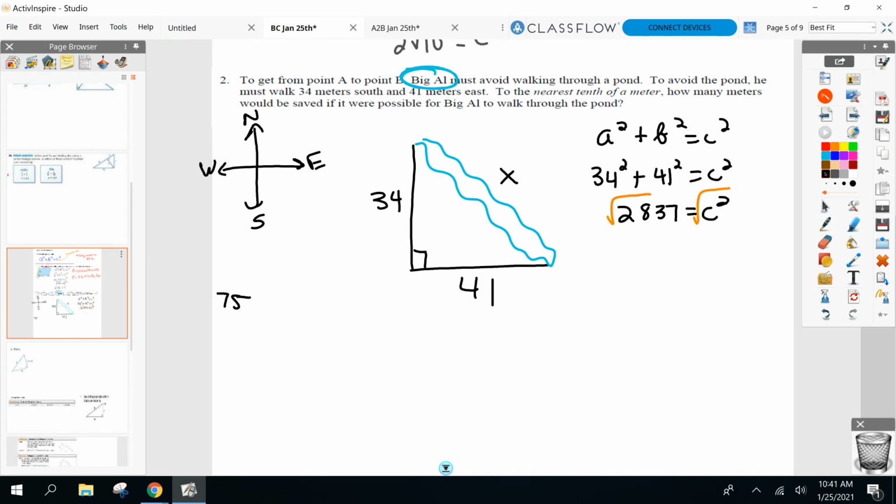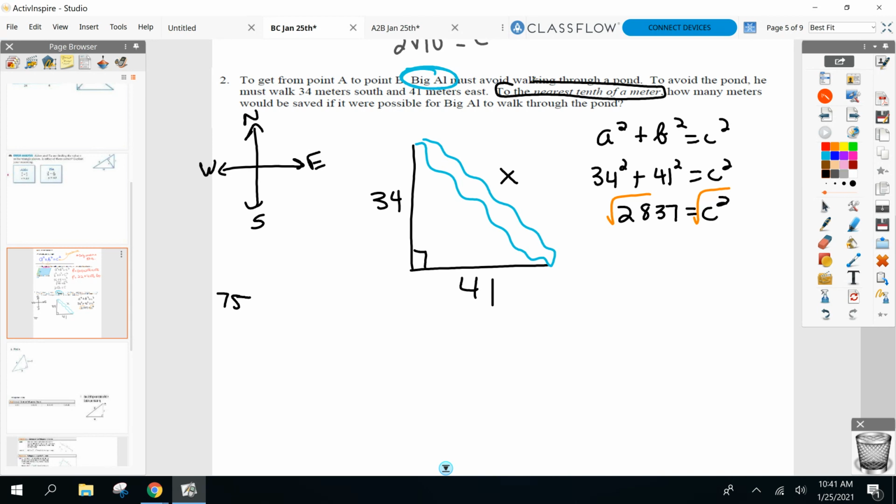Maybe teachers in the past have, but first time I'm going to bring it up this year. The problem says to the nearest tenth of a meter, but that direction is for your final answer, not in the middle of the problem. Nearest tenth of a meter is when we're officially done with the problem, not in the middle.